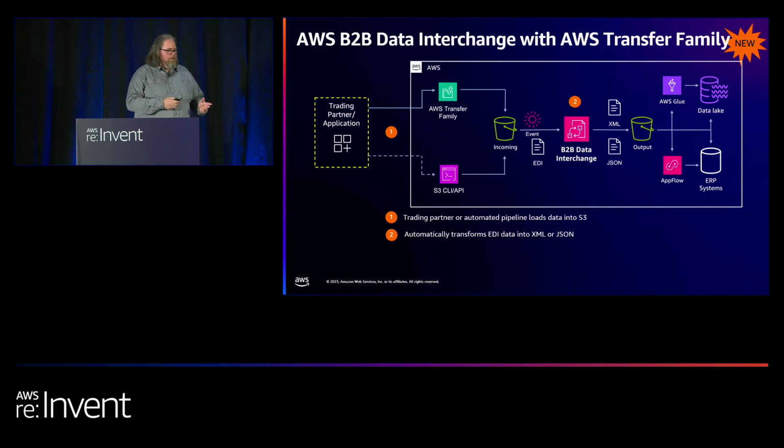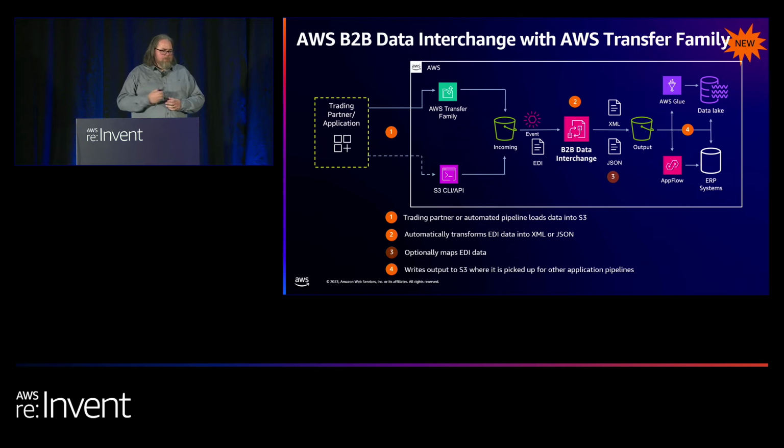That data will automatically trigger in the bucket an EventBridge rule that is service managed, and that EventBridge rule will go ahead and feed that file into Data Interchange, which will optionally map that data, or it'll just do a wholesale transform of that data into XML or JSON, where you can feed it into your other pipelines, such as perhaps your data lake with a Glue crawler, or maybe you're using AppFlow to feed that directly into your ERP.